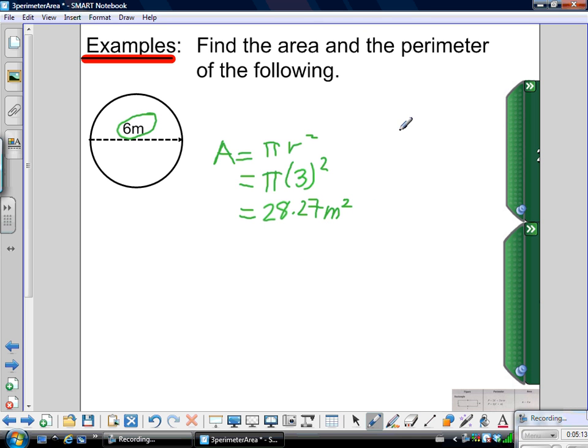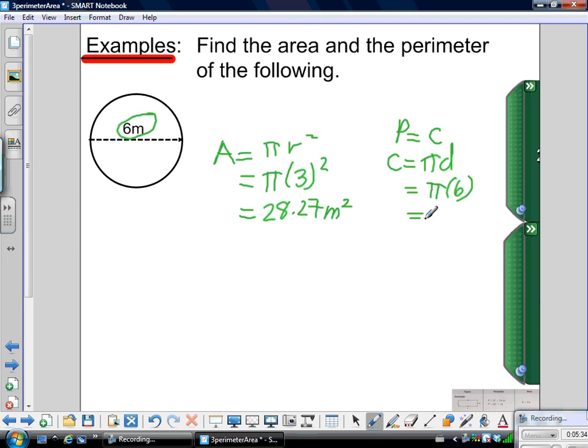Next, we're going to look at the perimeter. Remember I told you, perimeter is the same as circumference when we're talking about a circle. There are two formulas. I'm going to use pi d since they gave me the diameter. So that's going to be pi times our 6.